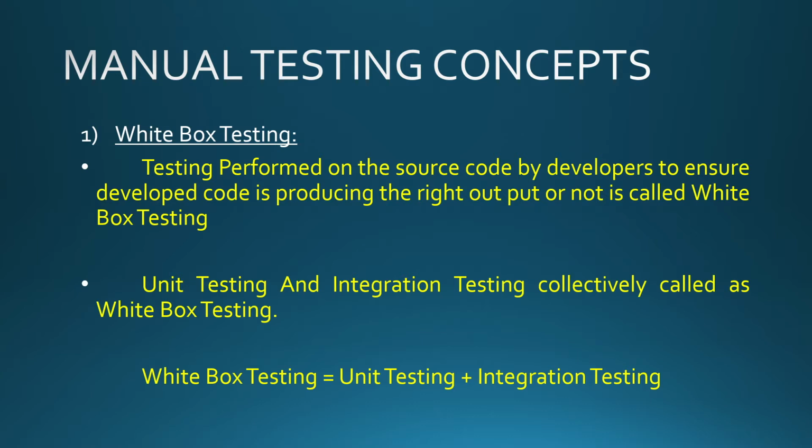After that, it will give us some confidence whether the developed code is producing the right output or not. If it is producing the right output, then we go to the next step. If it is not, we again have to look into that particular piece of code, that is, the source code.